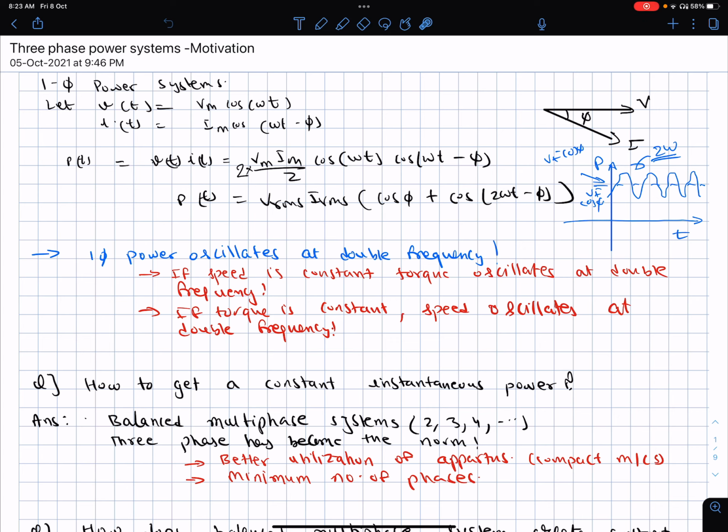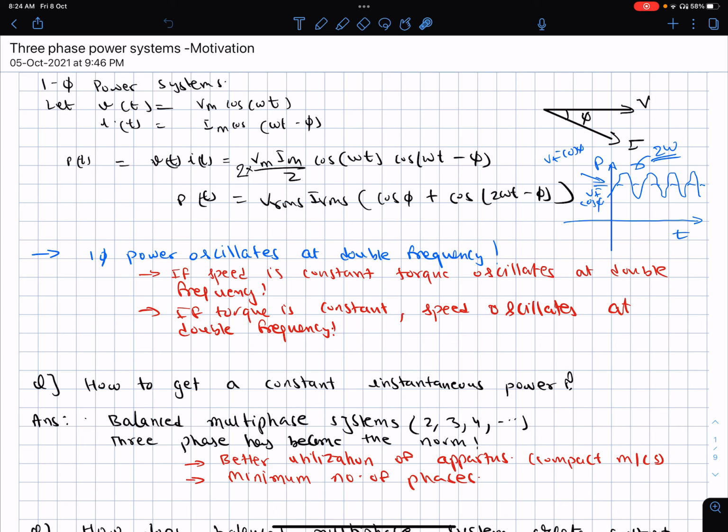Now, as I mentioned last time also, this pulsating instantaneous power, a double frequency pulsating oscillation power, is not a good thing. Suppose you are driving a motor which requires a constant torque, then it means the speed will be pulsating because the power is equal to torque times speed, and pulsating speed is not something that would be desired for many applications.